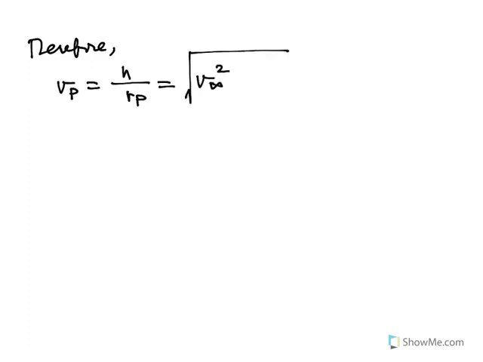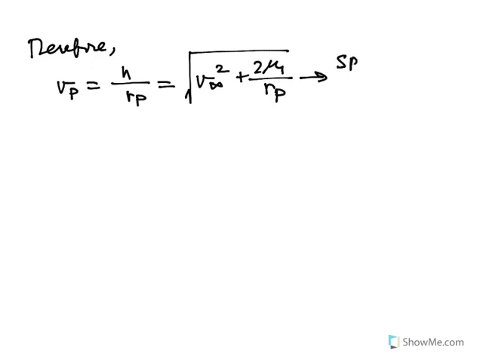So from there, we can write that h, which is equal to rp times vp, leads to the following expression: vp is equal to h over rp, which is equal to the square root of v infinity squared plus 2 mu 1, all divided by rp. And now we have this speed right here, the periapsis speed on the outbound hyperbola.